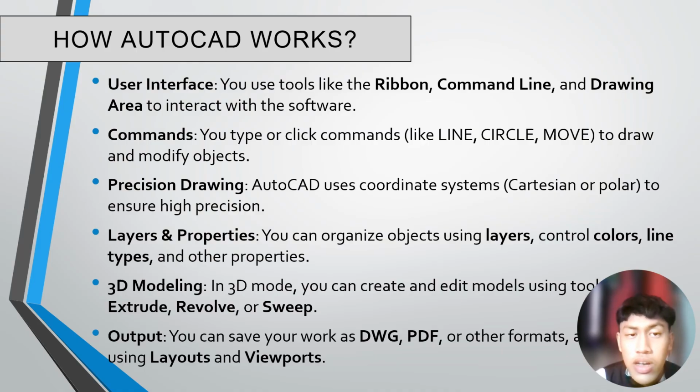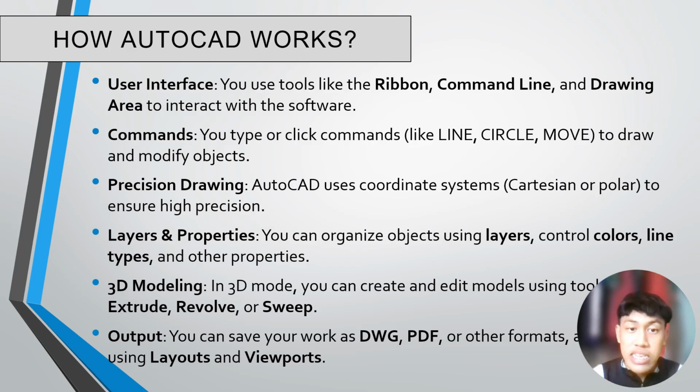Next up, here is how AutoCAD works. From the user interface, you use tools like the ribbon, command line, and drawing area to interact with the software. And for the commands, you type or click a command like line, circle, move to draw and modify objects. For precision drawings, AutoCAD uses a coordinate system, Cartesian or polar, to ensure high precision.